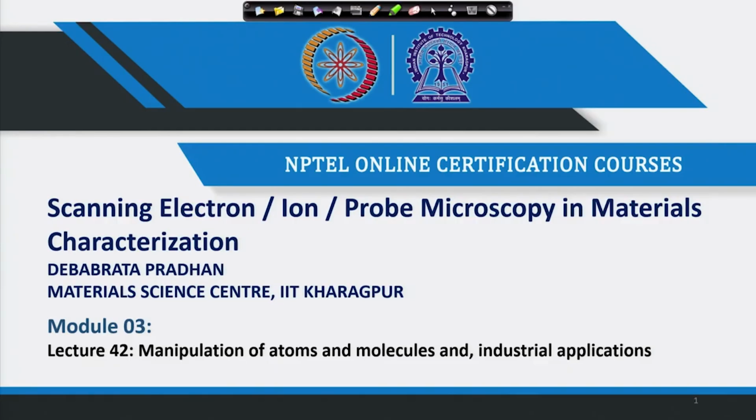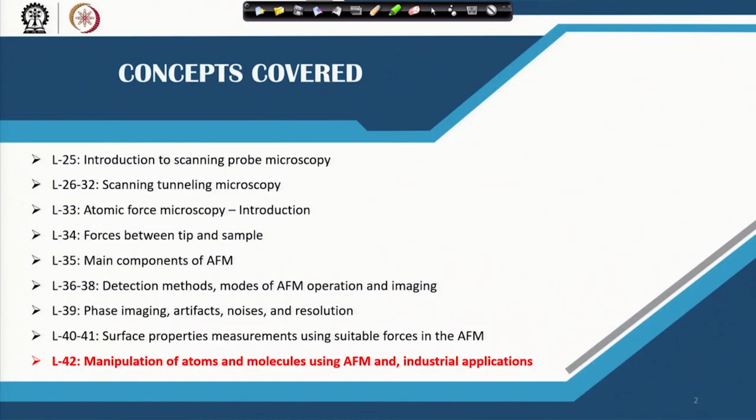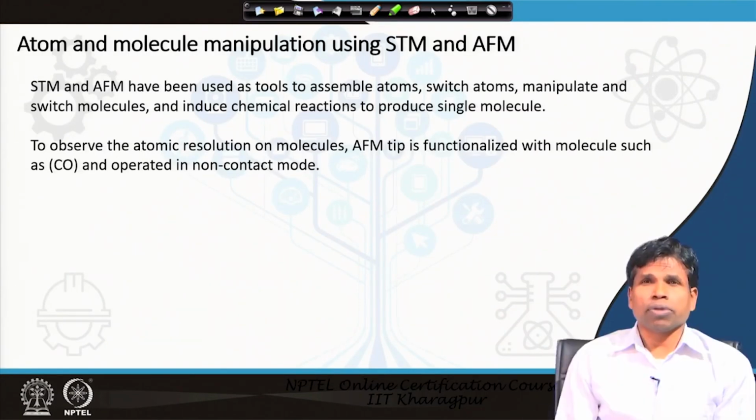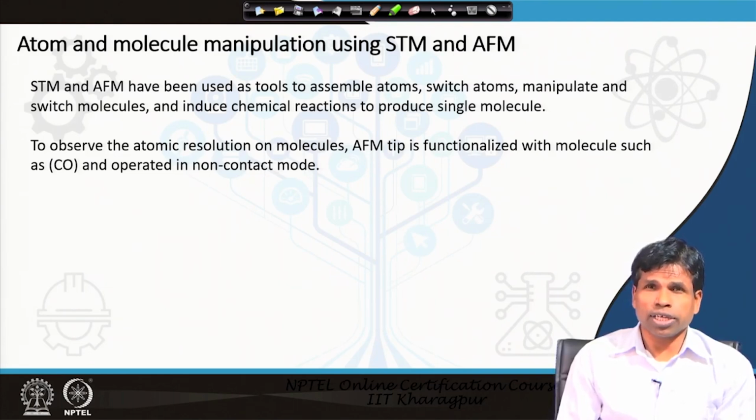Today, we will see how atoms and molecules can be manipulated using the tip of atomic force microscope. So, this is what we will discuss today, the manipulation of atoms and molecules using AFM, and also we will discuss some of the industrial applications. As far as manipulation is concerned, both STM and AFM are used to manipulate the surface atoms.